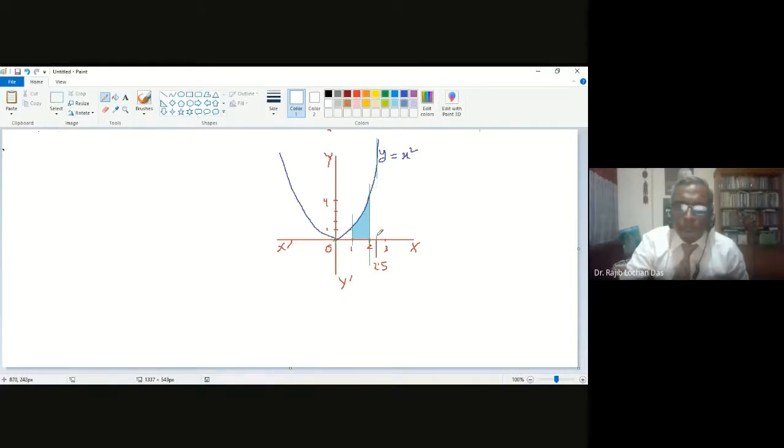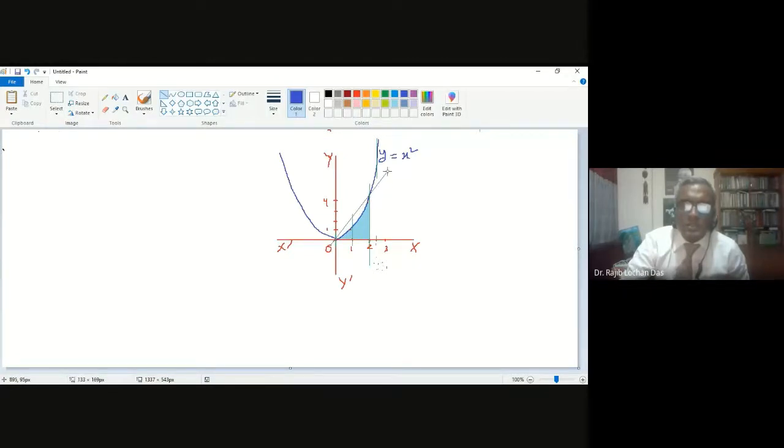And I'm saying there is another line, and that line is a straight line, and the straight line is being drawn like this. Say the straight line is like this.